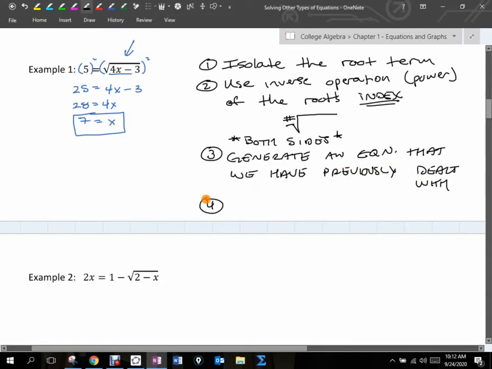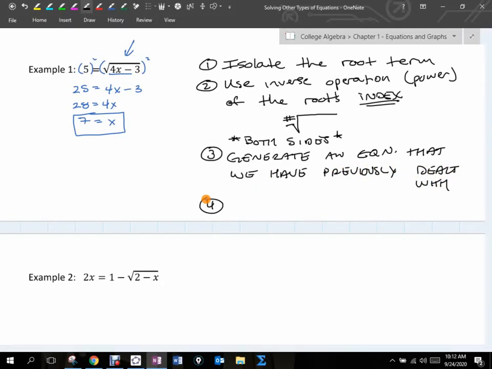So in this case, right now I'm going to show you square root equations, but we could have cube root, we could have fourth root, and that kind of stuff. But the reason we're going to do mainly square root right now is because it's going to generate then quadratics or linear equations, and those are things that we've dealt with already, right?